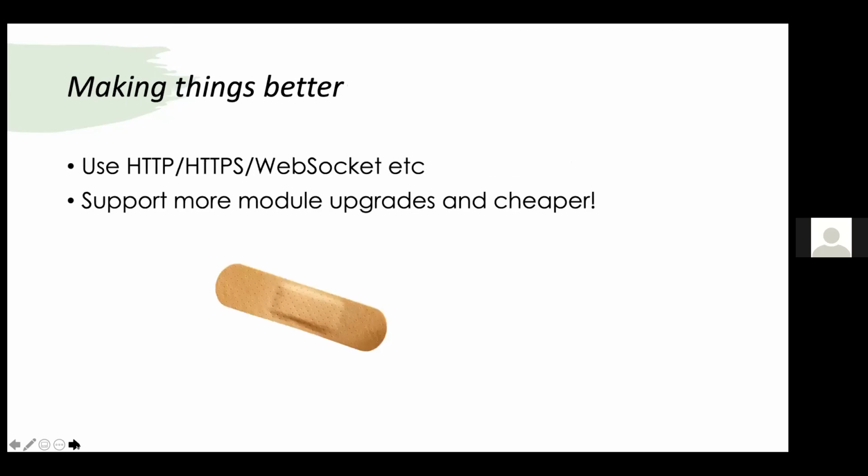So things that are better: WebSockets, HTTP, HTTPS, continually supporting embedded systems that can be upgraded is better. New ATMs and some of the new systems like that are actually supporting Linux, which is an exciting opportunity because that on its own is fairly hardened out of the box and may allow us to have systems that are a little more secure.